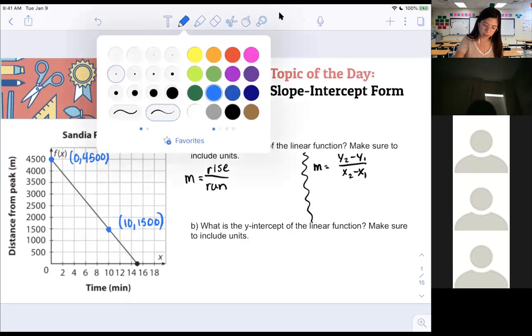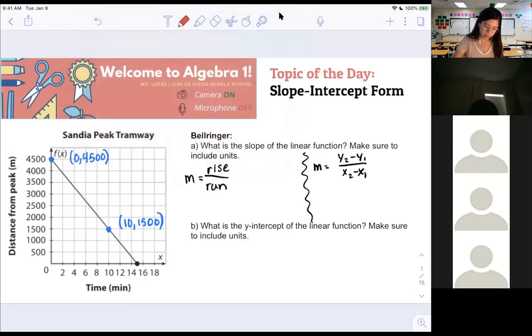With rise over run, you connect the 2 dots, going straight up or down, and then straight to the right or left. So we're making a triangle. Now, how long is the line going down? You have to look carefully at the units. How many units is that line?